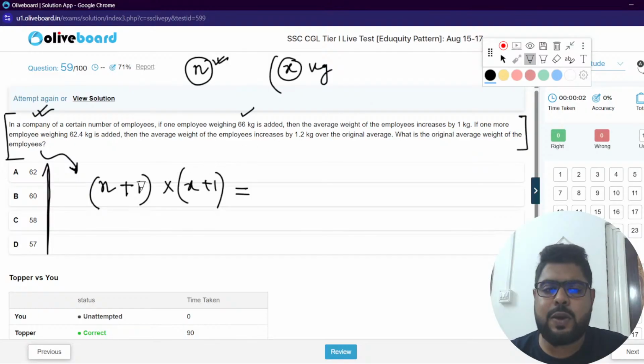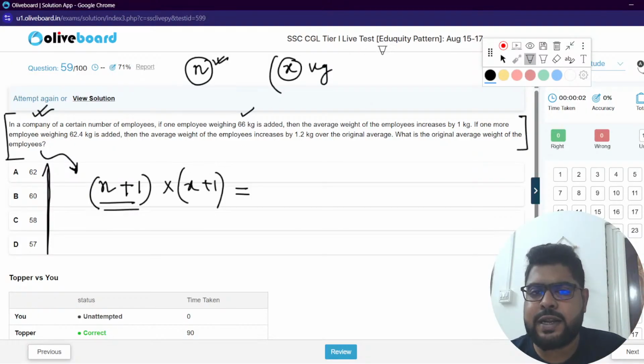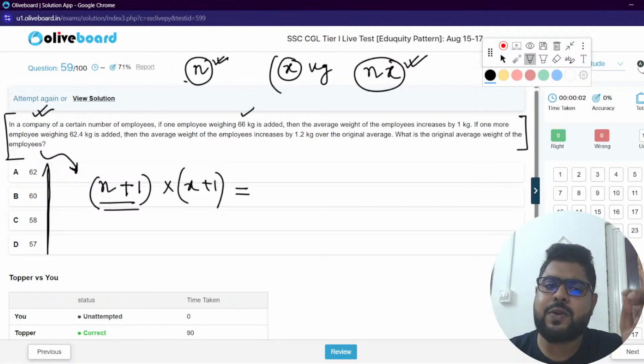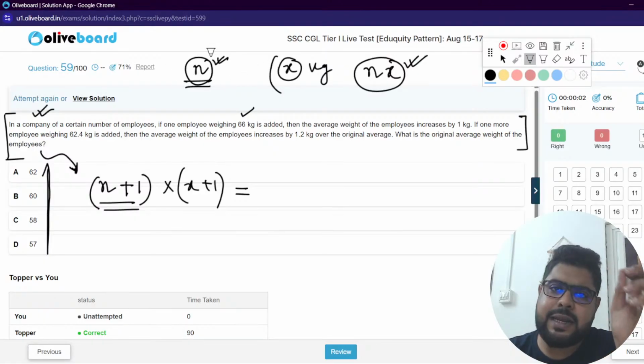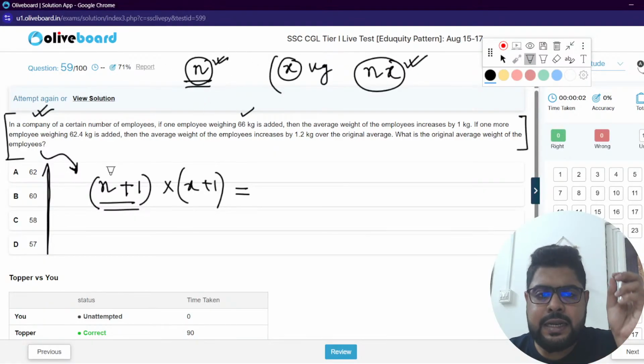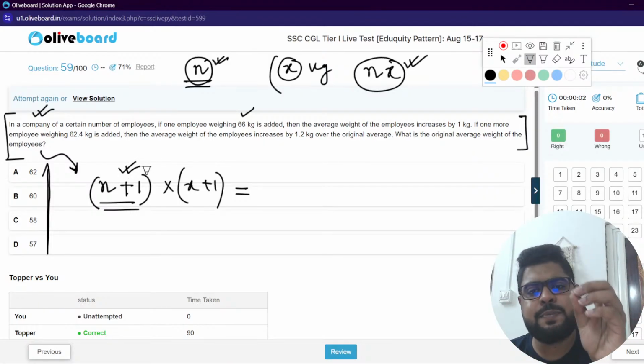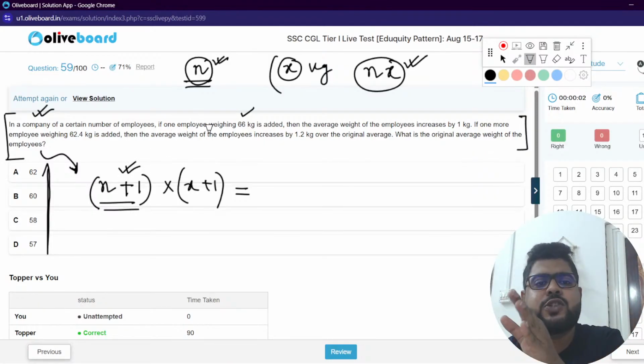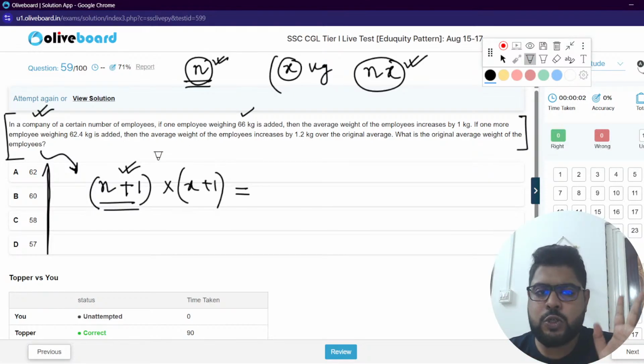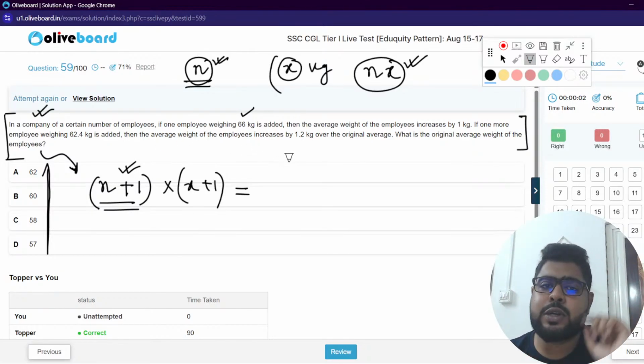So the total weight in the beginning, before any employee was added, was n into x, because n employees had average weight x. Now one employee was added, so the number of employees is n plus 1, and everybody's average weight has increased by 1 kg. So this is the total weight.